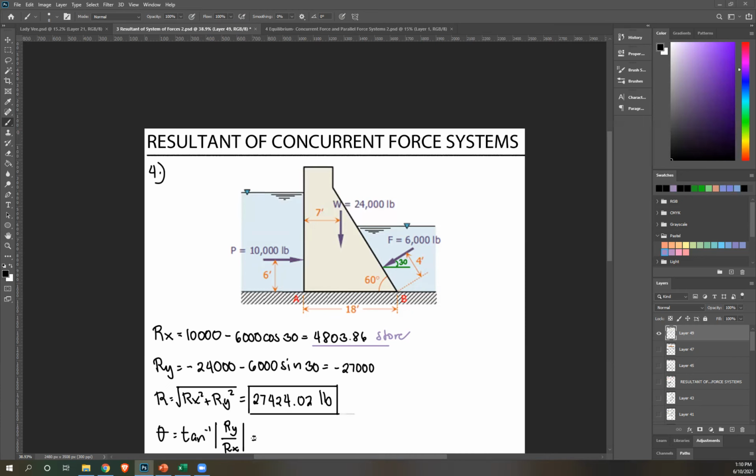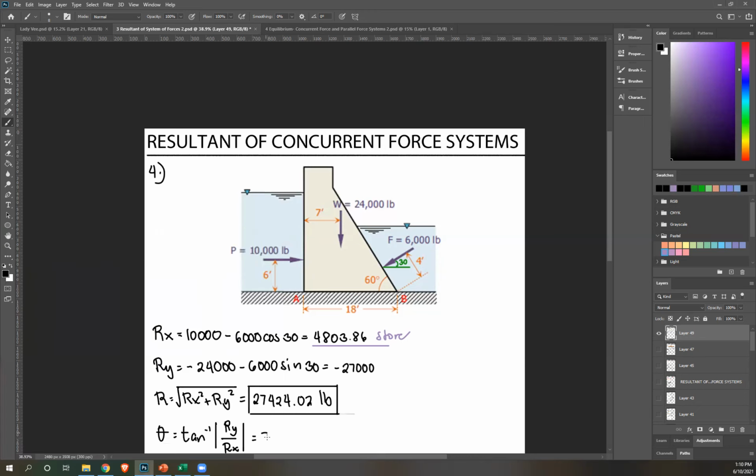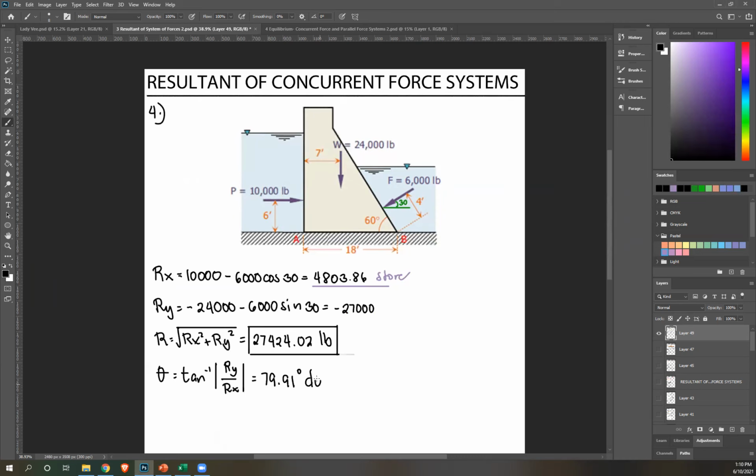Correct, Naomi and Colin. Very nice. Always positive. Direction: Ry is negative, Rx is positive, so that's down to the right.